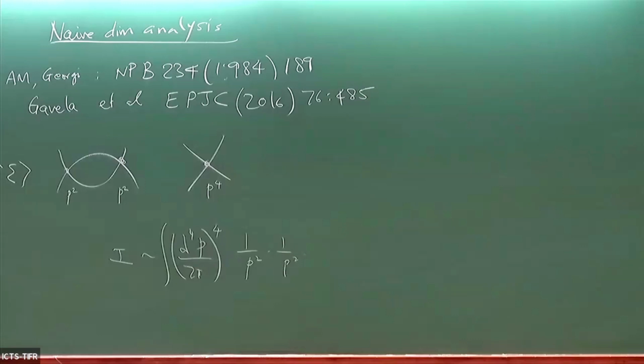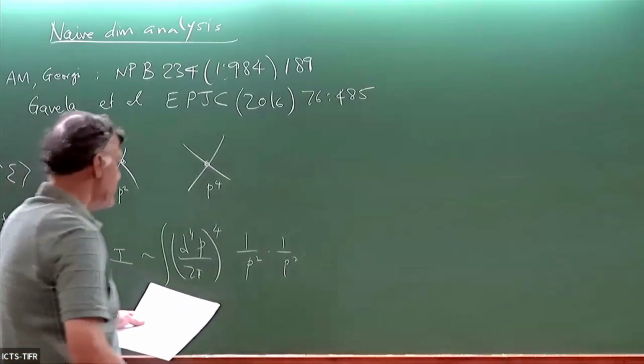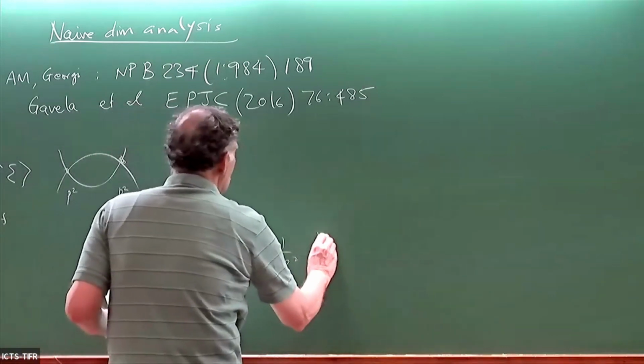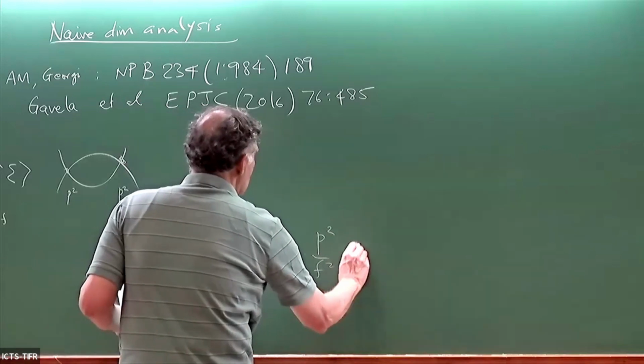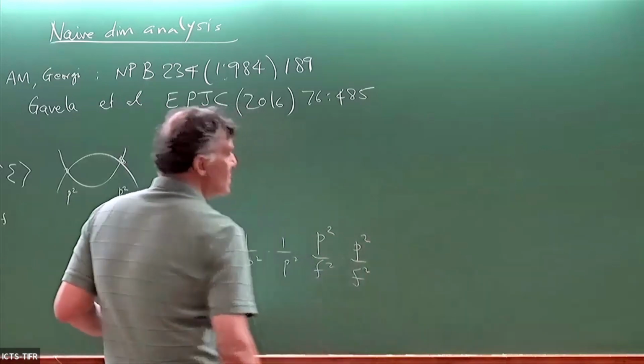So the 2 pion interaction has a coefficient of 1, that's the kinetic term, but then the 4 pion interaction has 2 powers of f downstairs because sigma is the exponential of 2i pi over f. So every time you have an extra pion, it comes with a 1 over f, which is to say these two vertices are p squared over f squared and p squared over f squared.